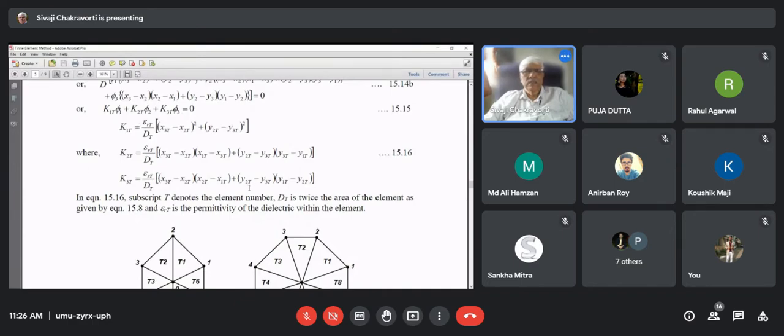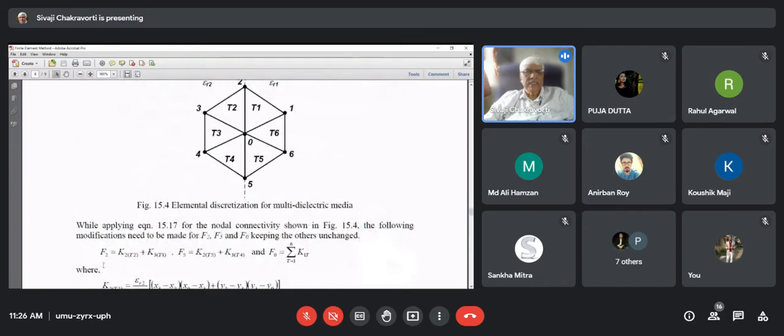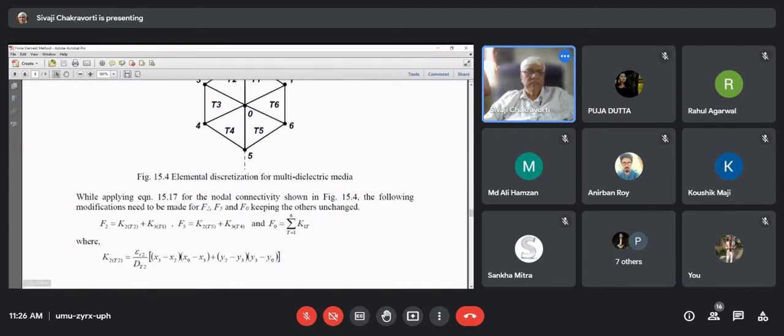So when I am writing this F2 at the bottom of your screen for this node 2, I take K2, the coefficient for node 2 of triangle T2.